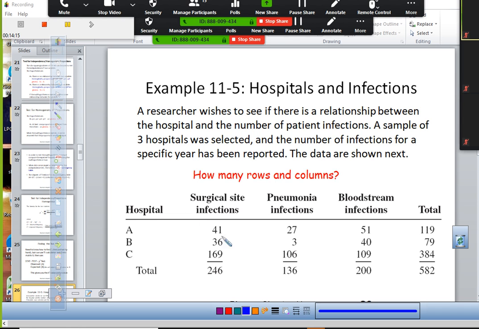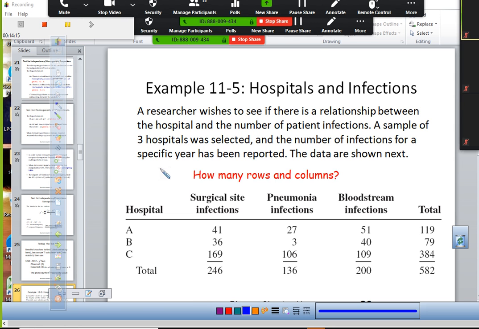So first let's take a look at this, and you guys tell me how many rows and columns there are. Private chat me. How many rows and columns do we have? I'm waiting to hear from you. How many rows? How many columns? Privately. Oh, did I not tell you about the RC?